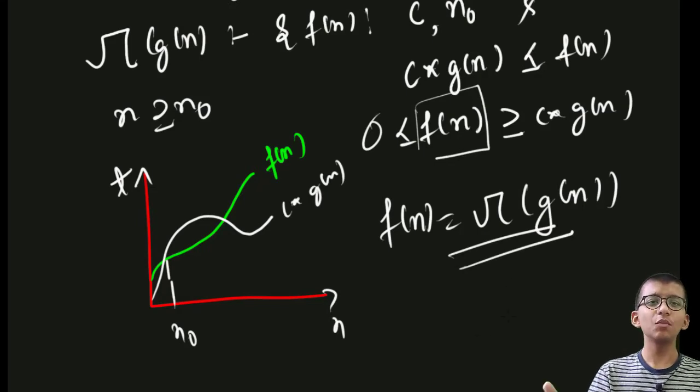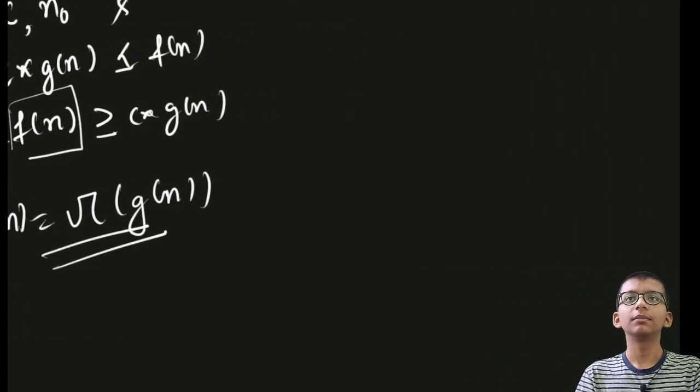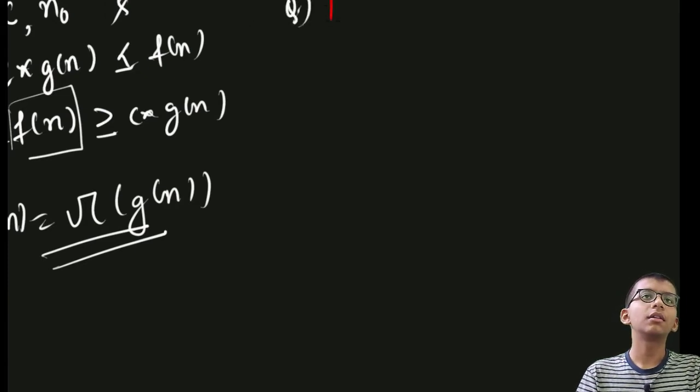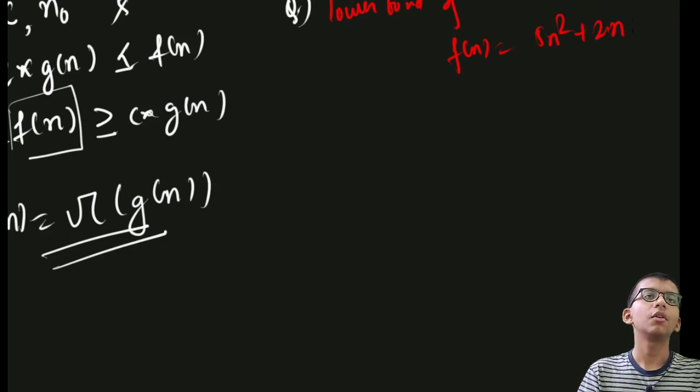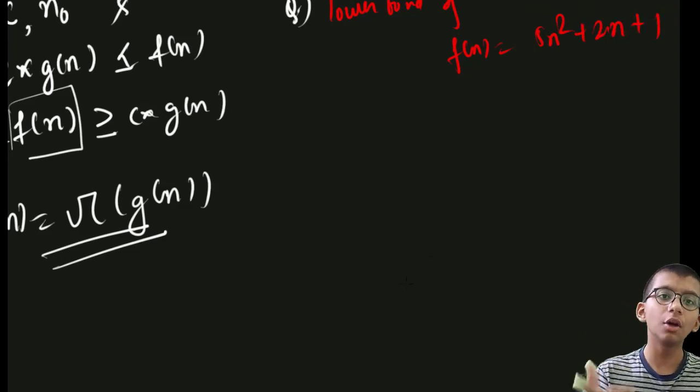Okay, so let's see one example indicating this. So here is my example. Find the lower bound. Again the same question of f of n equals 5n squared plus 2n plus 1. Okay, so now you have to find the lower bound.